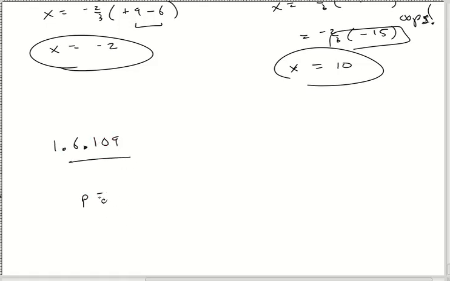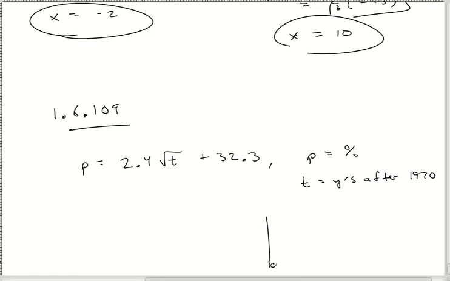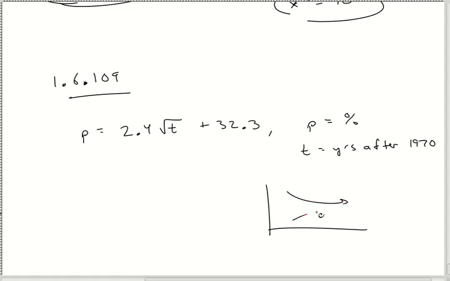16109. I got little p is equal to 2.4 times the square root of t plus 32.3. P is a percentage, and t is the years after 1970. And they have this chart on the side. It looks kind of like this here.